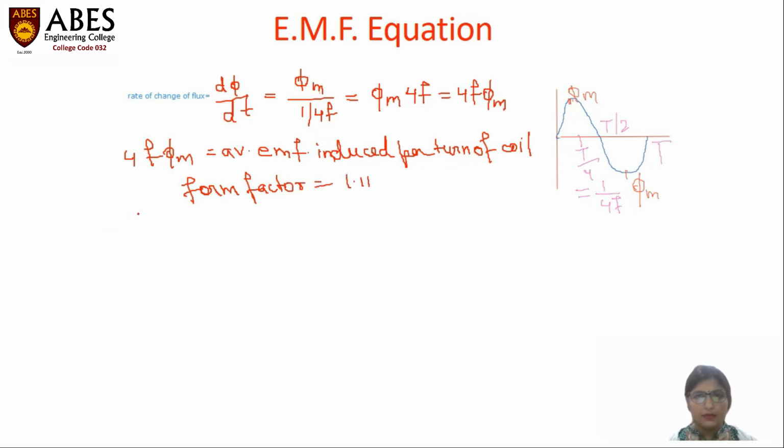So we can say the RMS value of EMF induced per turn will be equal to, for the RMS value, we will multiply the form factor to this EMF equation.